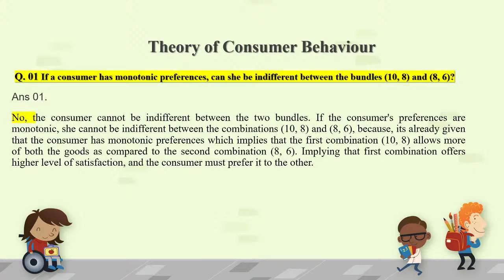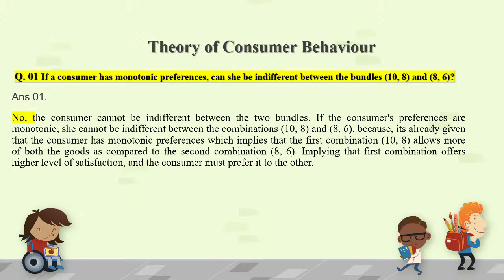So definitely monotonic preferences itself shows that the preference of the consumer does not change, because he's already at a point of higher level of satisfaction. So definitely no, the consumer cannot be indifferent between the two bundles if the consumer preferences are monotonic.